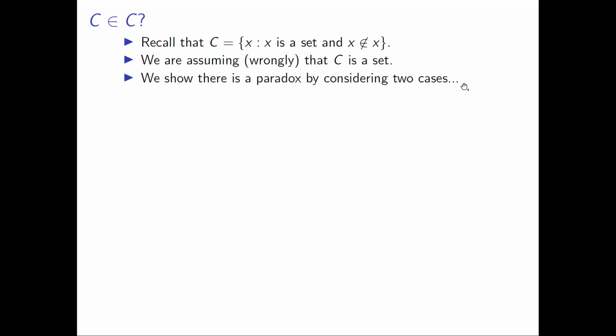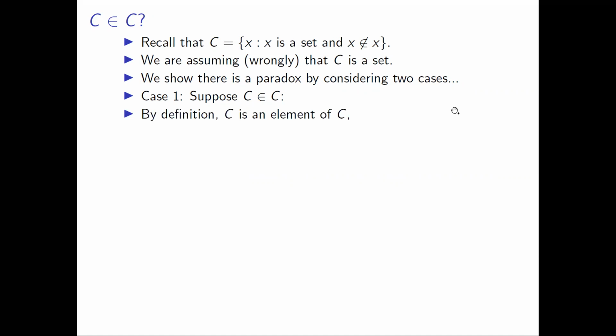So like I said, we'll do two cases. Case one will be the case when C is an element of C. And that means case two will be the opposite, when C is not an element of C. So for case one, suppose that C is an element of C. We wrote that with the elementhood relation, so I've written it in words on the next bullet.